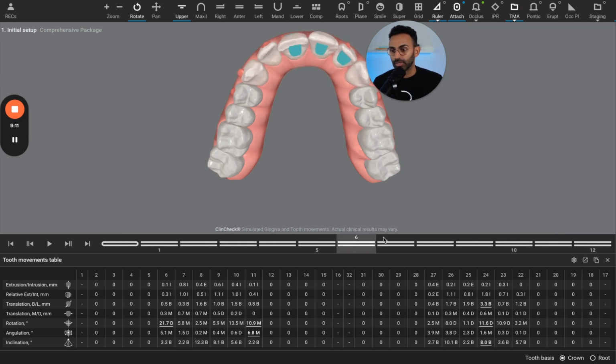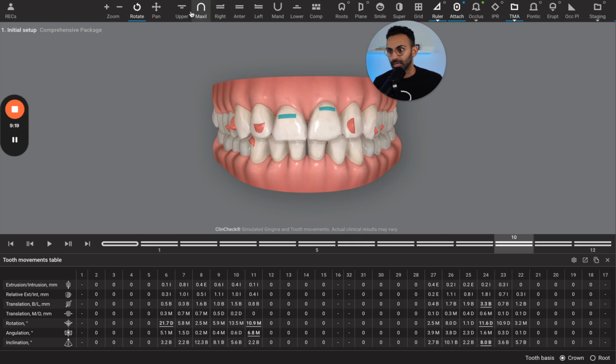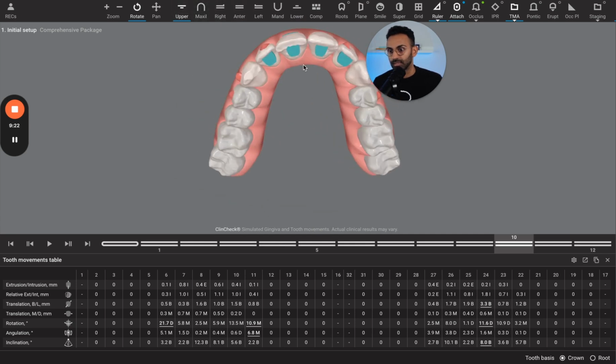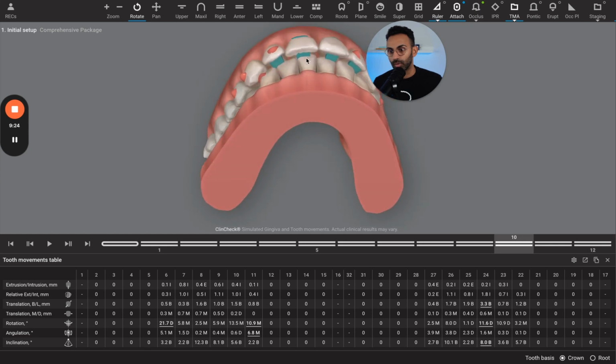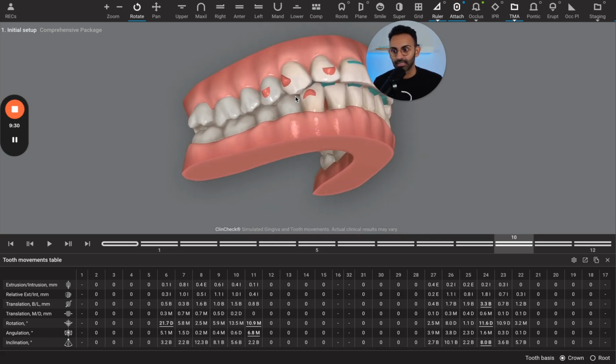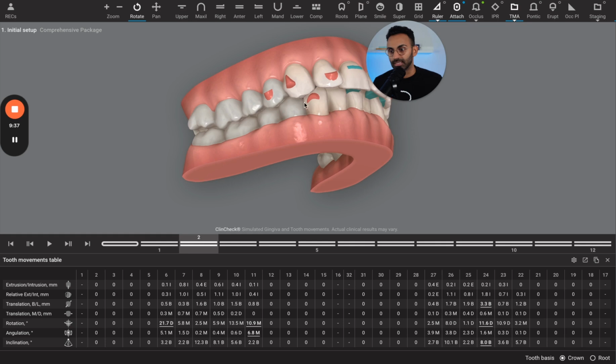The reason is that bite ramps allow the mandibular anterior teeth to come into contact with those ramps instead of the actual back of the teeth. Clinically, when these mandibular anterior teeth hit those bite ramps, that is going to open up this bite here.